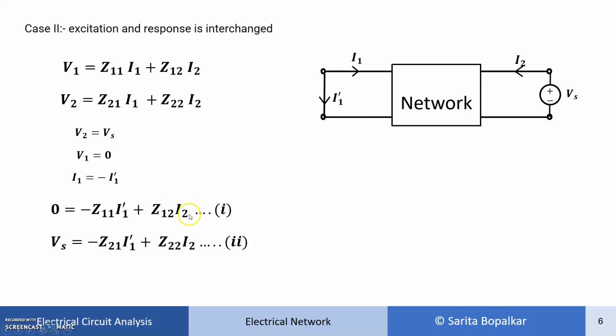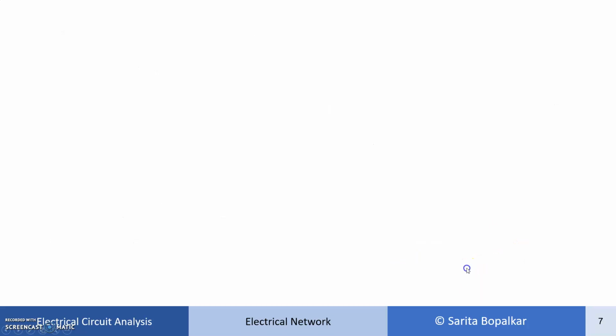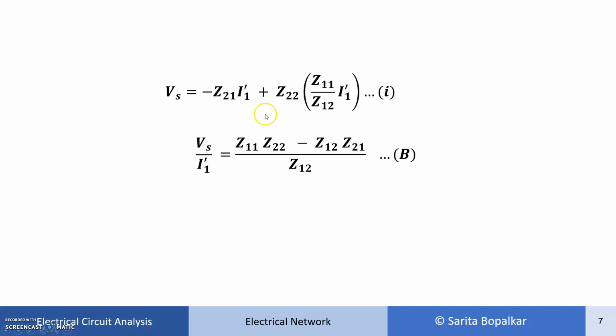We replace I2 using equation 1. From equation 1, I2 is equal to Z11 upon Z12 times I1 dash. Put this value of I2 in equation 2. Now we can take I1 dash common to get the ratio of excitation and response. So Vs upon I1 dash is equal to Z11 Z22 minus Z12 Z21 divided by Z12.